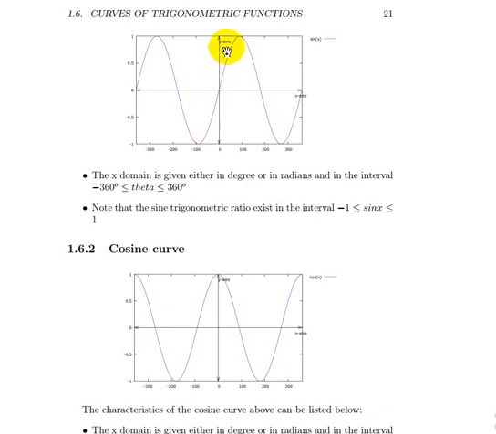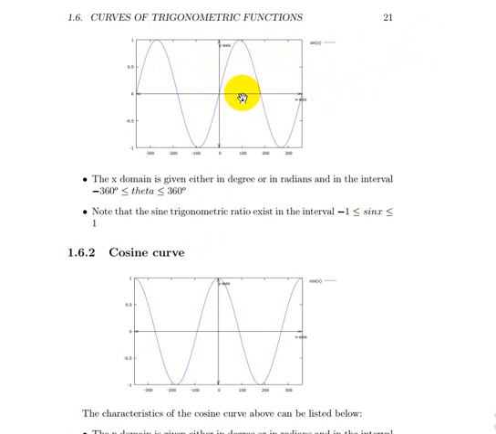So this is the sine curve and this is the cos curve. In order for me to have the cos curve from this sine curve, I need to shift this curve to the left, because you see that this is sine of theta plus 90 degrees. That plus makes it so that to form the cos curve from the sine curve, we need to shift the curve to the left. Now, if there was instead a minus sign, then you would have to shift it to the right.